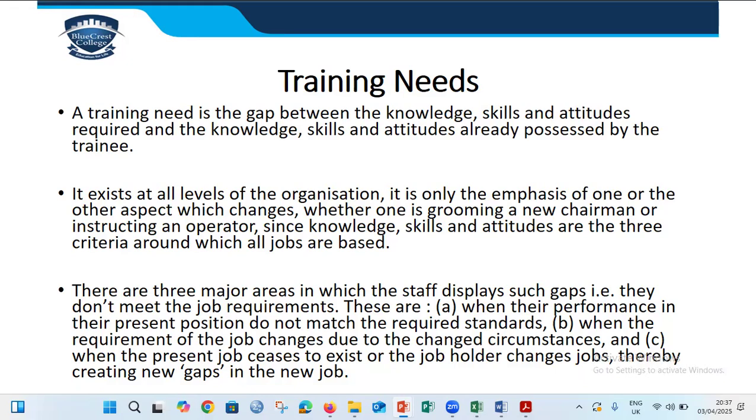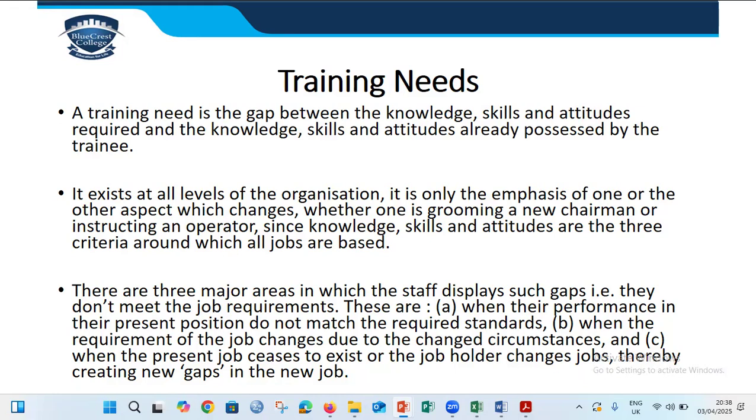So what this means is that if we want to look at training needs, then what we are assessing is the gap between what the employee already has against what we expect the employee to have. So if you look at all the skills and the expertise and the knowledge that the employee has against what we expect the employee to have, then that gap is what you refer to as the training need.